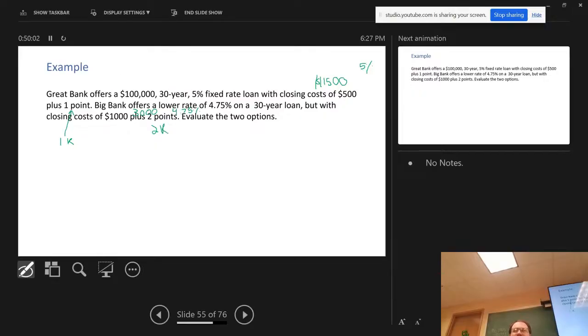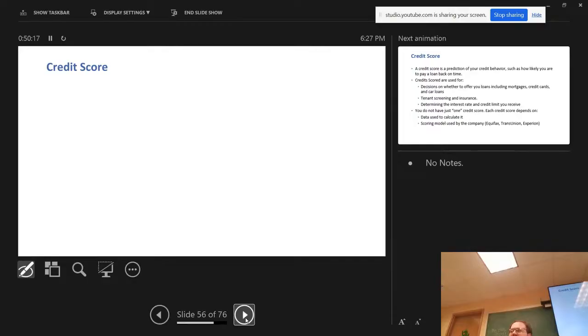We could actually work this out using the compound interest formula to know for sure. But that's what I would do there. Any questions on that?